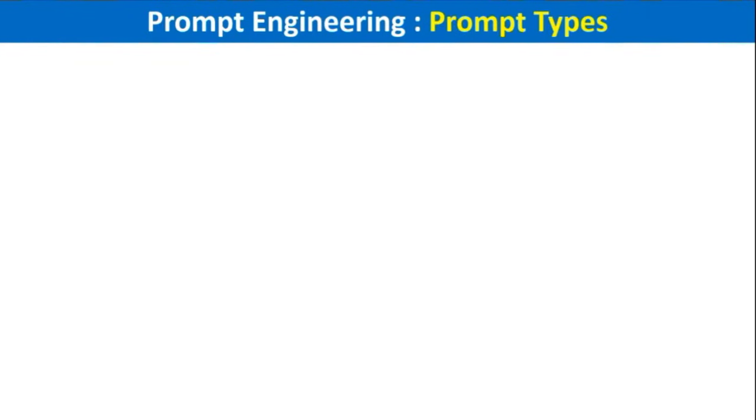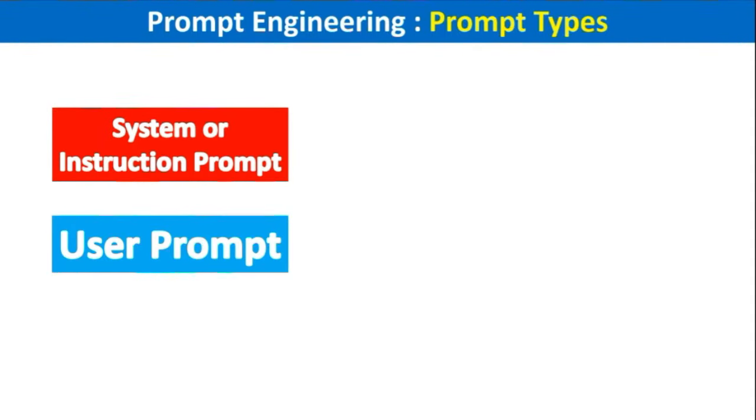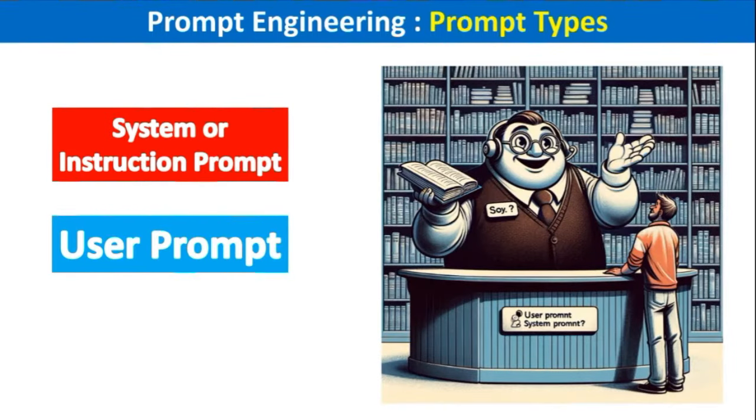Moving further in the prompt engineering concepts, let us try to understand different prompt types. There are two types of prompts, system prompt and user prompt. System prompt is also called instruction prompt. Let us try to understand these prompt types again with our same real life analogy involving a librarian and a library visitor. In this scene, the librarian is standing behind the information desk with a library manual in hand.